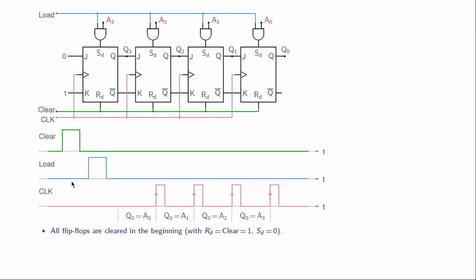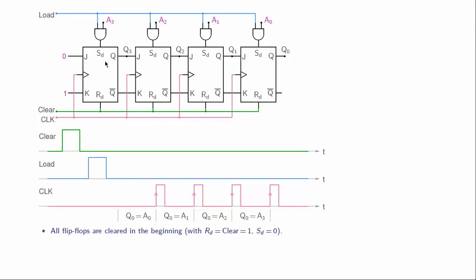After the clear pulse, the load pulse comes along, and let us look at the situation somewhere here. So the load signal is 1, clear is 0. So all the RD inputs are 0 now. This is 1, so the output of this gate, that is SD for this flip-flop, is equal to A3. Now let us take two situations, A3 equal to 0 first.